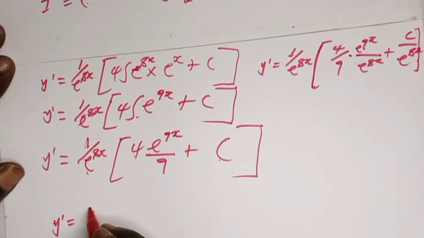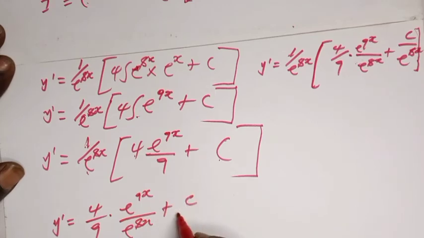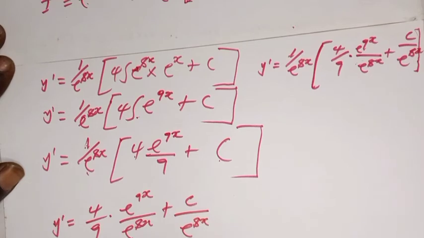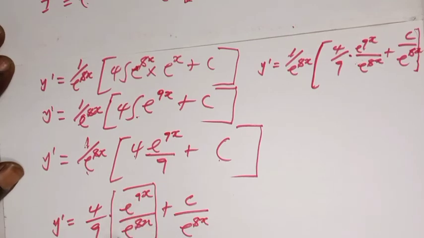Y equals 4 over 9 multiplied by e power 9x over e power 8x plus c over e power 8x. Then we all know that when we are dividing, we must subtract the powers.